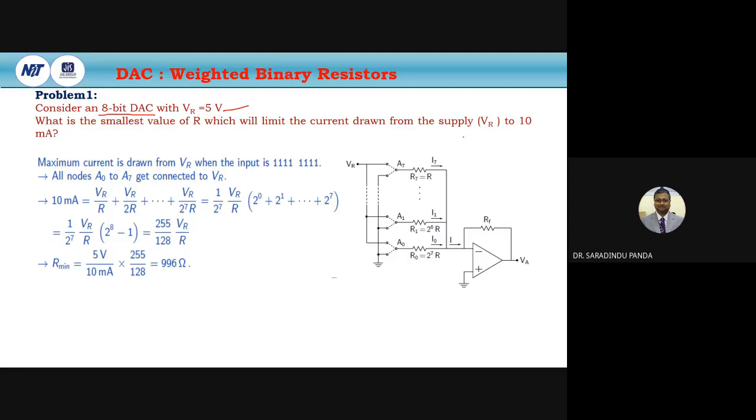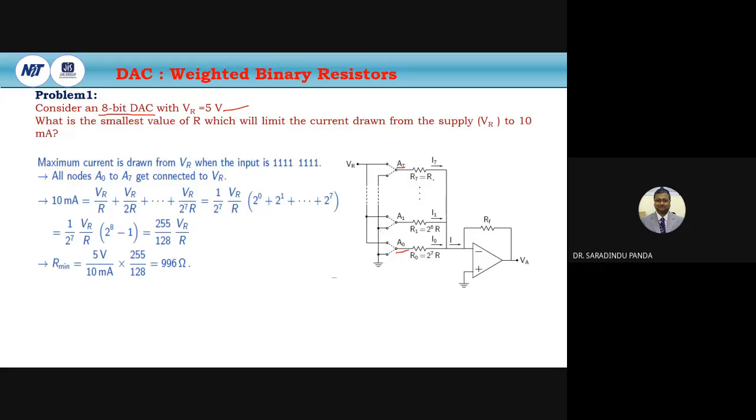So maximum is 10 milliampere. Okay. So we get all nodes A0 to A7, because this is an 8-bit DAC, so the K should be 0 to 7.